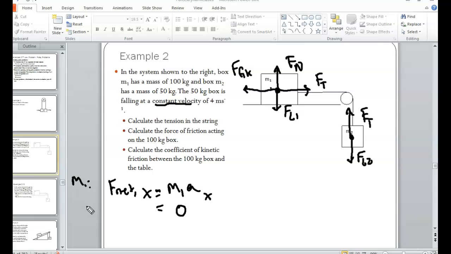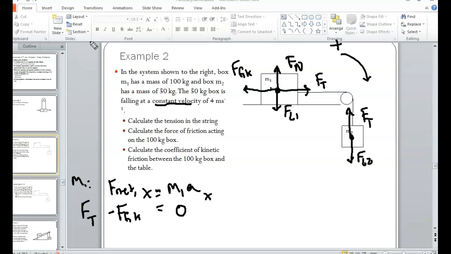I write the sum of the forces, and so I am going to have to choose one direction to be positive. I know that the object is moving clockwise, and so I'm going to choose that direction to be positive. So I have FT, this FT would be positive, minus FFK, that FFK is negative, because it would be a counterclockwise force.